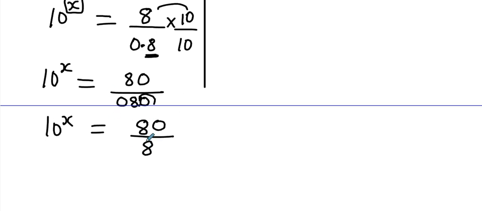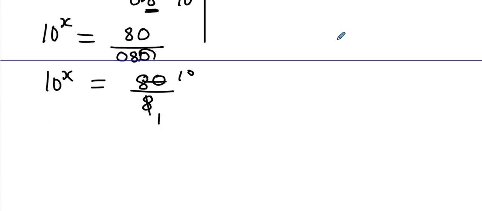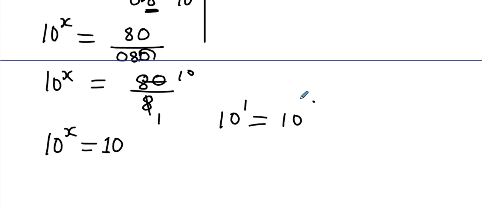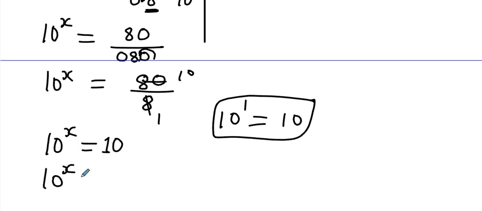Now 80 by 8, 1 by 8, 10. You see that? So 10 to the power of x will be equal to 10. But remember what we said? Any number to the power of 1 equals the number itself. So we can write 10 to the power of x equals 10. Instead of writing 10, just write 10 to the power of 1.